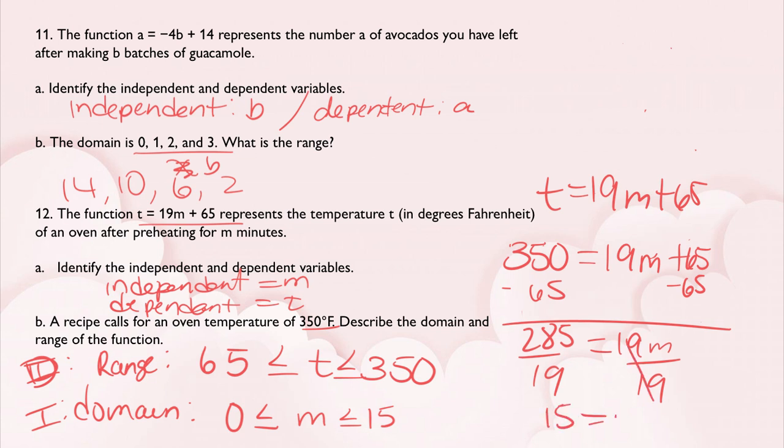So that means that when the recipe calls for an oven temperature of 350 degrees Fahrenheit, it's going to take me 15 minutes. Normally you start at 0, right? Is your oven hot when you go into your kitchen? Well, it's always at 0.